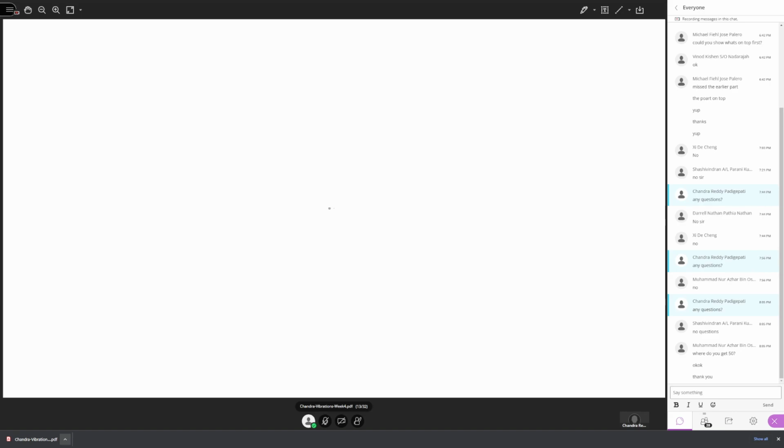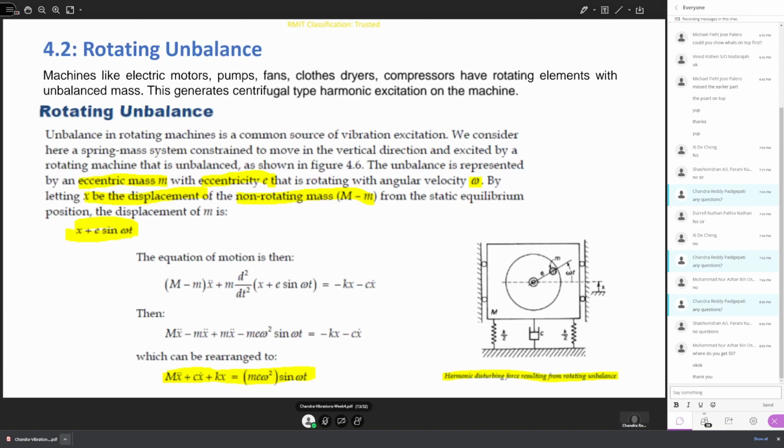All right. So next we talk about this unbalance because of the rotating systems. When a system is rotating, there will be unbalance in the system.